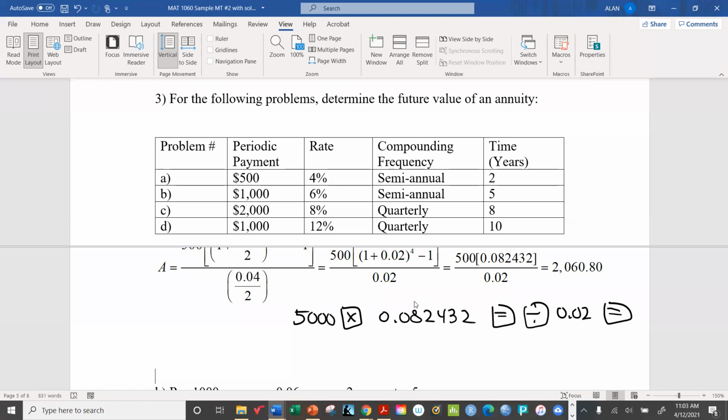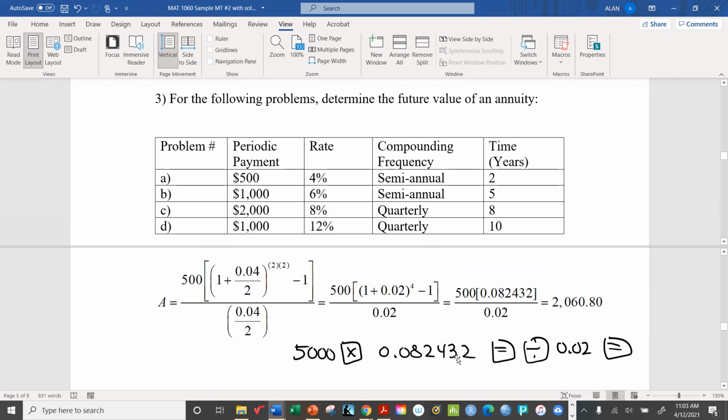Let's see, what did I do? I think I made a typo here. 5,000 times 0.82432 equals, divided by 0.02. Wait a minute. Is that the right answer? I think there might be a typo in here somewhere. 1.02 to the fourth.